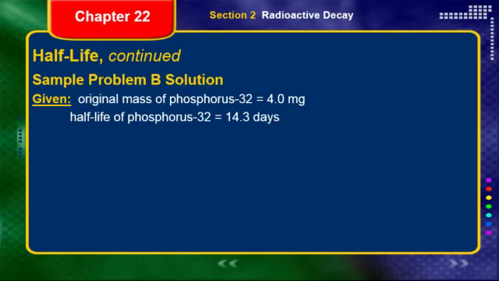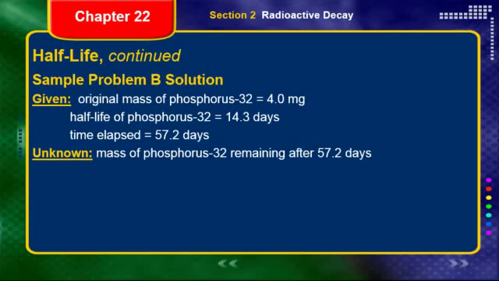We are also told the half-life of phosphorus-32 as 14.3 days. We were also given the amount of time elapsed. We were asked how much is going to decay in 57.2 days. What we're trying to establish is the mass of the phosphorus-32 that remains after that time.